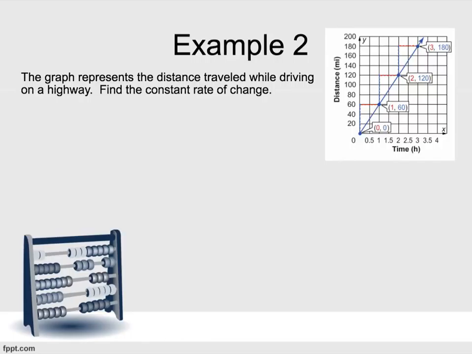So now, let's look at our second example. It says the graph represents the distance traveled while driving on a highway. Find the constant rate of change. So, the first thing that we have to do is find the rate of change. We pick any 2 points on the line. So let's write that down.